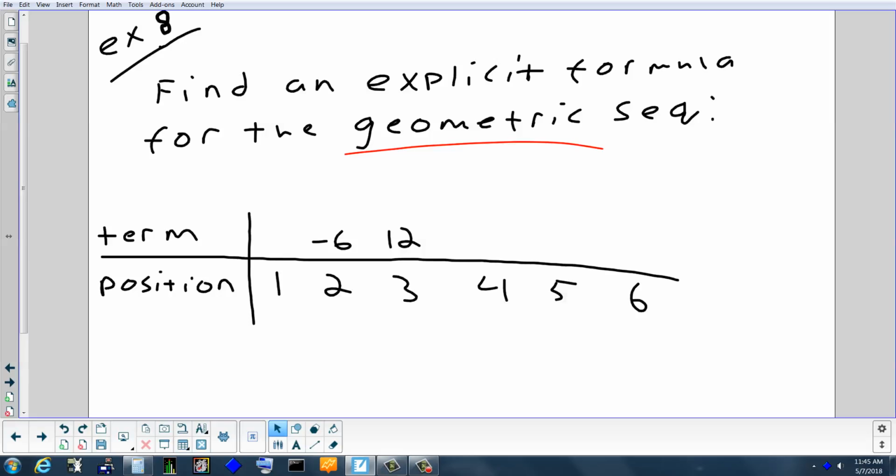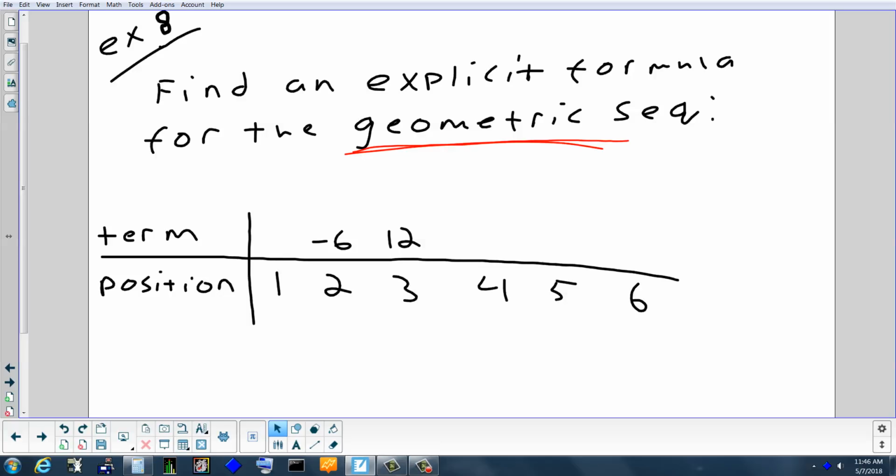How much? Well, first of all, what are you doing each time? Are you adding or multiplying? Times negative 2. You're multiplying, right? Because it's geometric. So if it's geometric, you have to multiply to get from one term to the next.